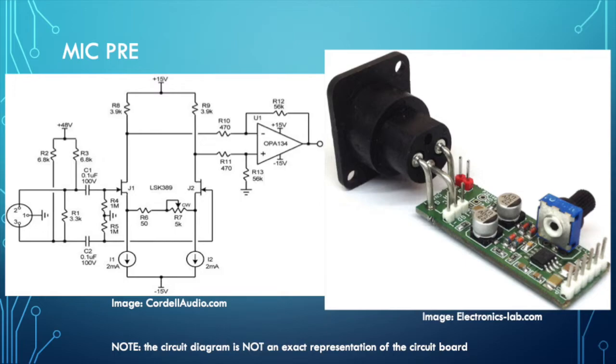The circuit diagram is not exactly what is on this circuit board, but it's just an example to show you. So a mic pre, and really all electronic circuitry, is just a handful of basic components. You see where it says R1, R2, R3, those are resistors. C1, C2, etc., those are capacitors.